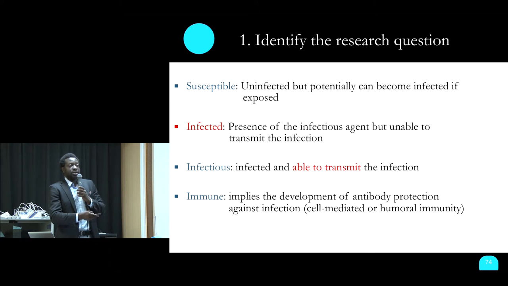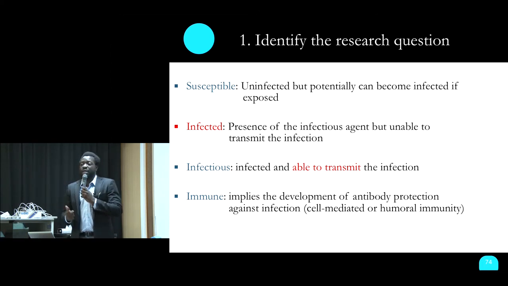Infectious is that you are infected, but you are also able to transmit the infection. Immune, it's simply that you're protected. But in our case here, we don't have infected. We just assume that once you become infected, you are also infectious. You can transmit. So we're trying to make it very simple here.